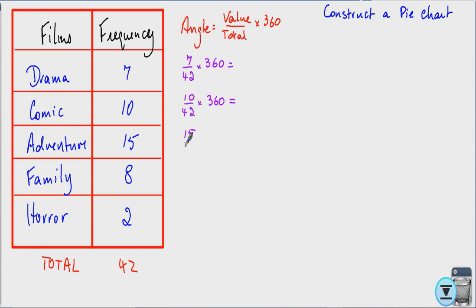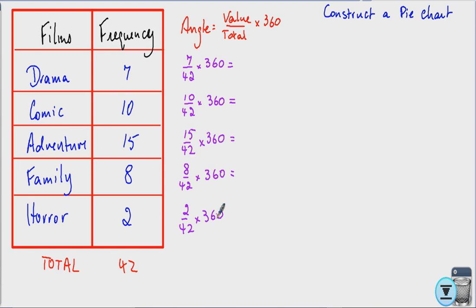This is 15 on 42 times 360, and we work it out. Where need be, we give our answers to one decimal place. This is 8 on 42 times 360, and this is 2 on 42 times 360. I'm going to work them out so that we can get the angles.